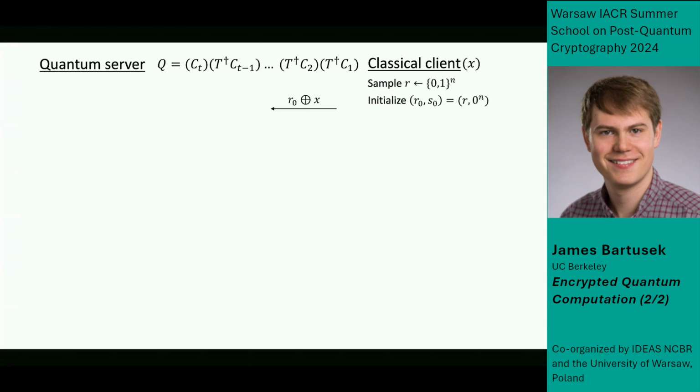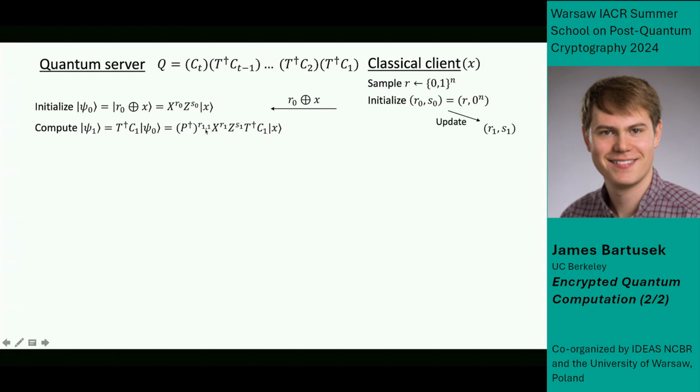So the client starts by sampling the one-time pad for their input and sends it over. The quantum server initializes their initial quantum state. And then we do our computation in layers, right? So the quantum server computes the first layer. The classical client does the poly one-time pad key updates.